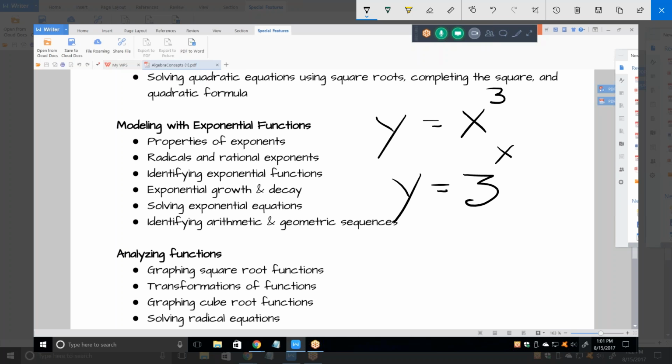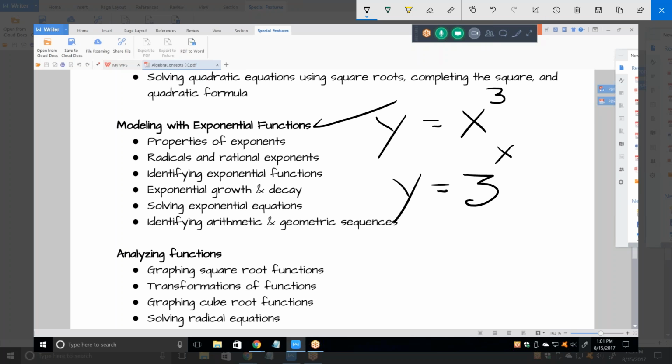Which of these is an exponential function? The first one? No. For something to be an exponential function, the variable has to be in the exponent. In this case, the variable x is on the algebra line. It's not in the exponent.